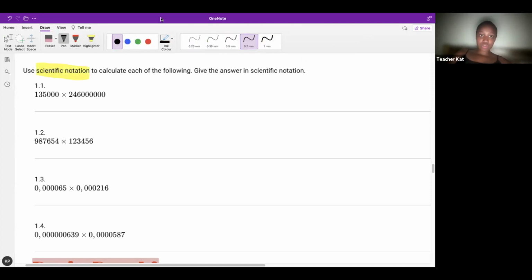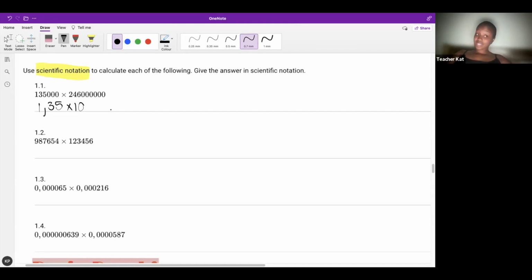Okay, let's start with the first one. 135,000. Where do I want my comma? After the 1. So 1, comma, 35 times 10. Are we moving it to the left or to the right? Left.